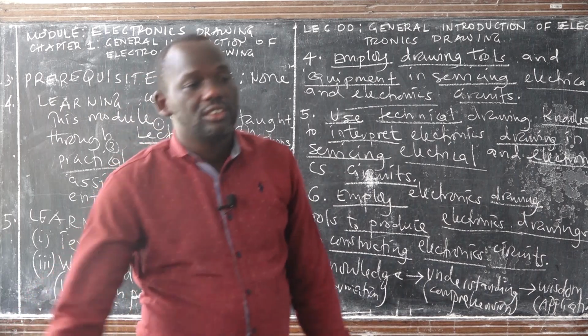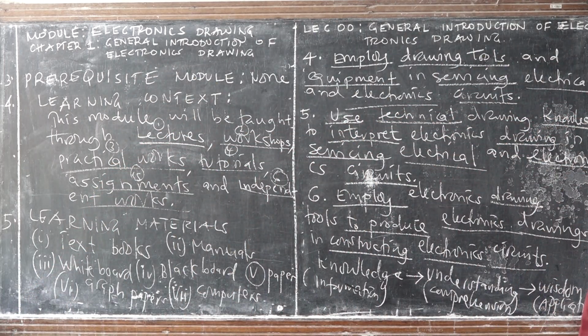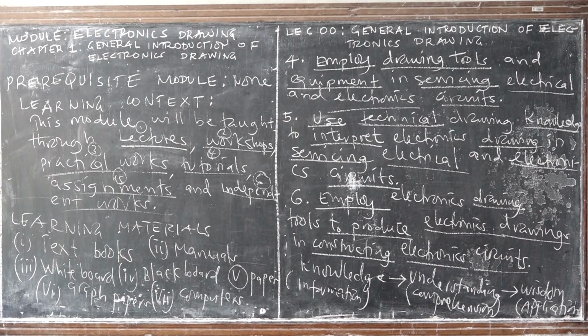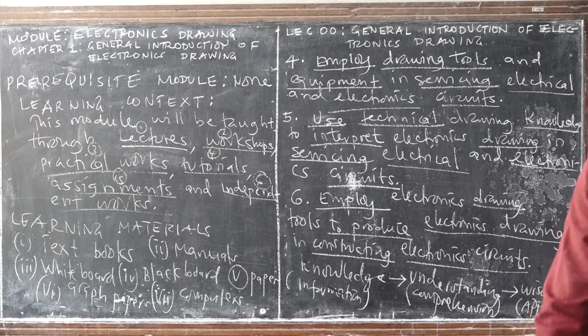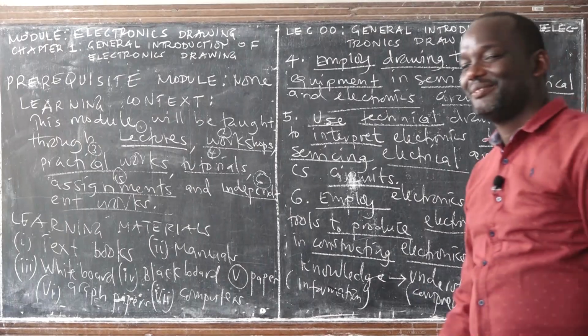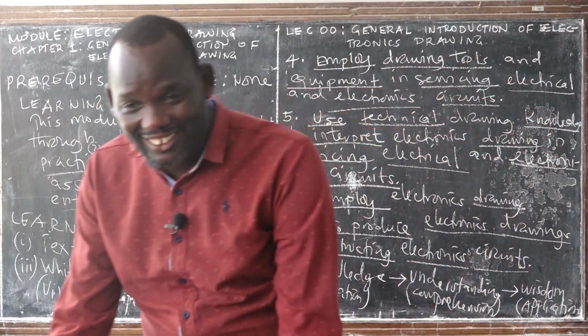So the first one, say textbook. Ask your neighbor, do you know textbook? If the answer is yes, ask him or her to mention at least one textbook. How about your neighbor now?